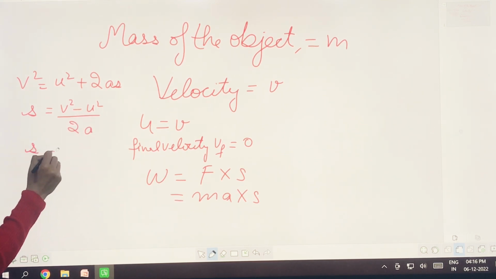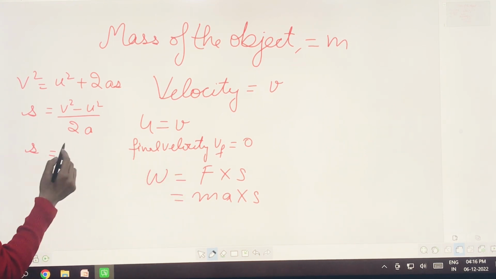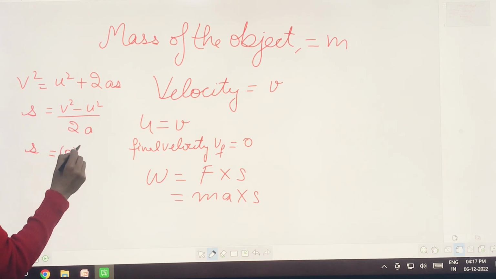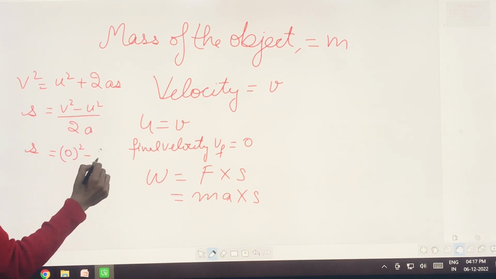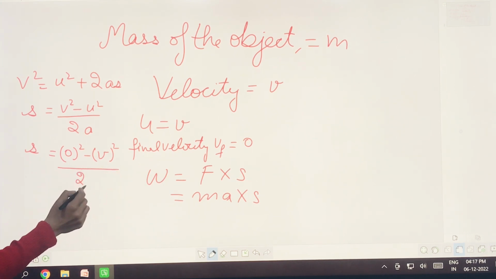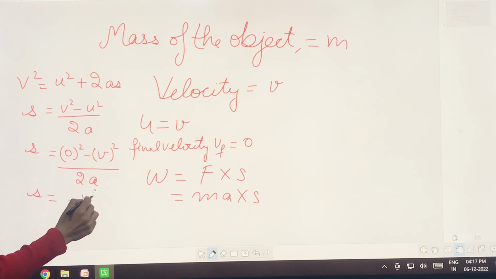And what is v over here? v is the final velocity, as we need to bring that object at rest, so here we will consider it as 0 square. The initial velocity we will consider as u square into 2 into a. So what will be the value of s we will get? That is minus u square upon 2a.